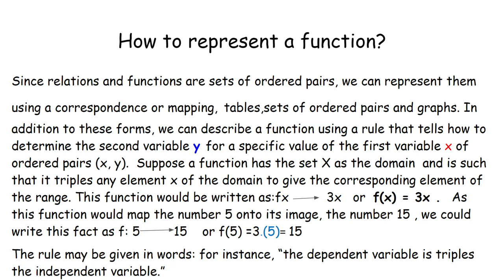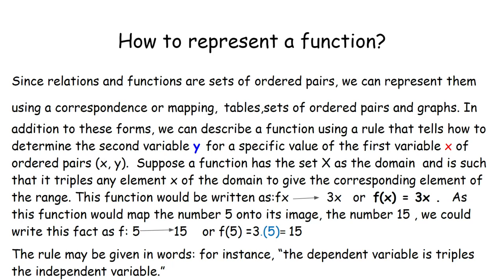Suppose a function has the set x as the domain and is such that it triples any element x of the domain to give the corresponding element of the range. This function would be written as f of x corresponds to 3x, or f(x) = 3x.